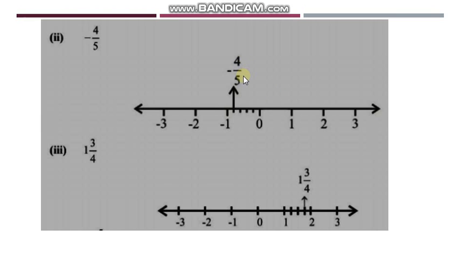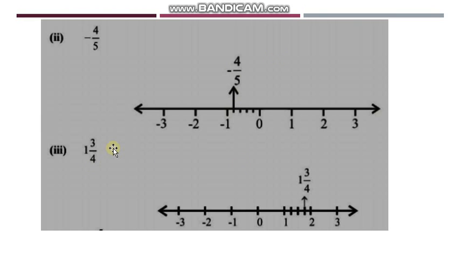So check its denominator. It is 5. Divide this portion into 5 equal parts, and we are having 4 out of 5. So we are moving to the left side. 1, 2, 3 and 4. So here you will mark an arrow. This is the point where minus 4 over 5 is lying.